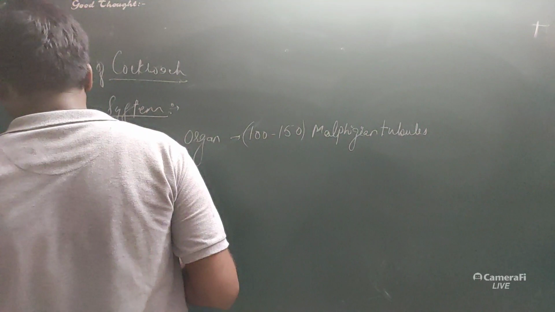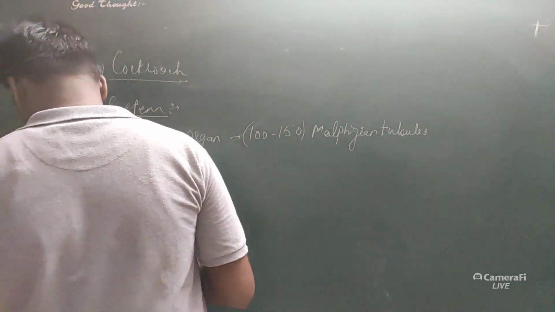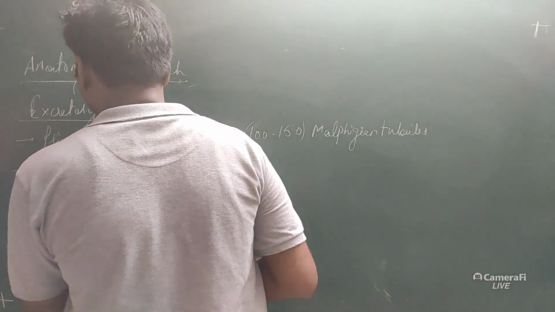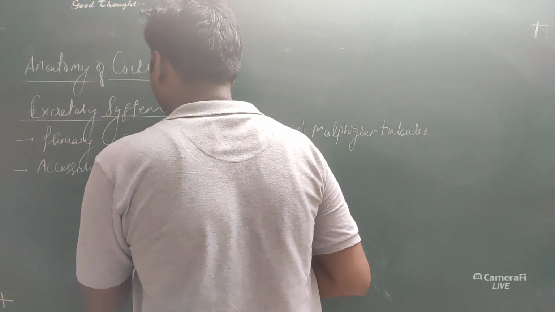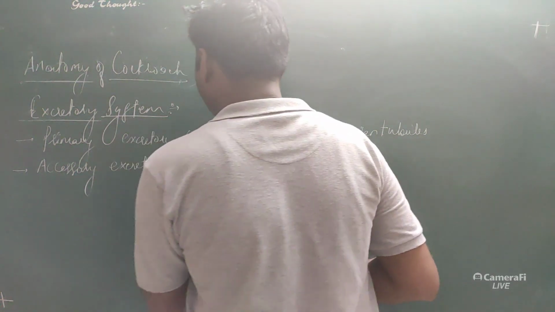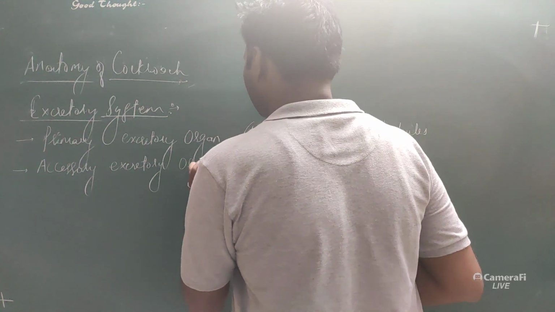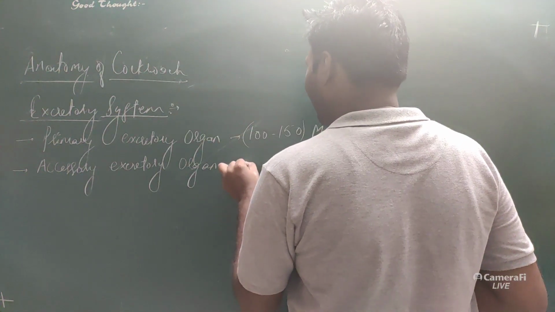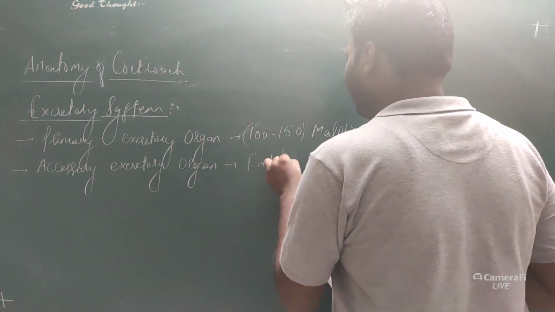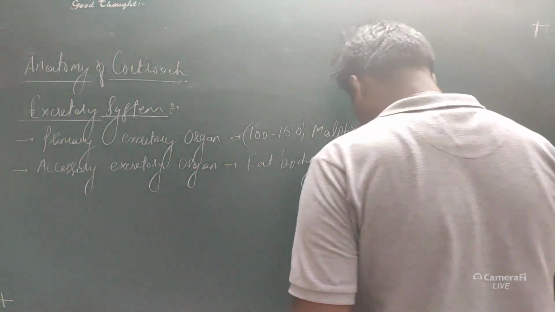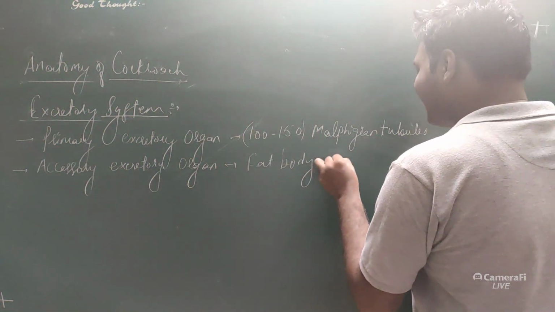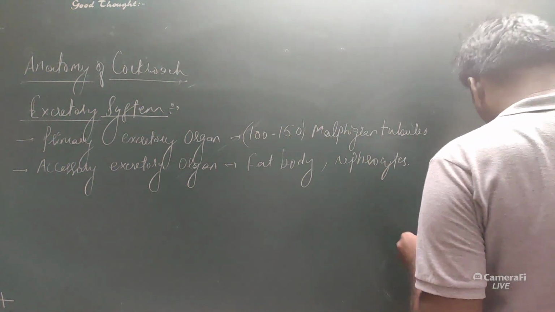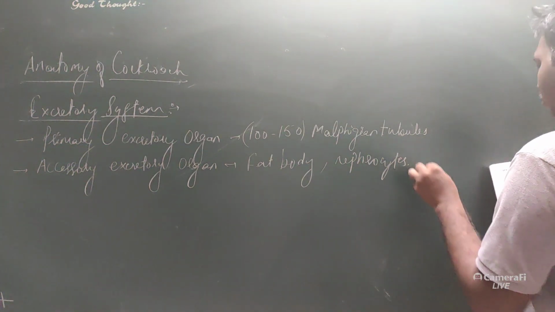Then accessory excretory organs, that is fat body, comma nephrocytes, comma uricose glands.